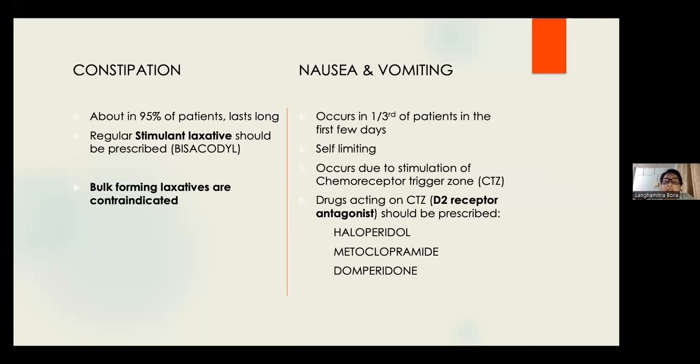If the nausea and vomiting is too much of a problem for the patient, we must give drugs that act on the CTZ, basically the D2 receptor antagonists. Haloperidol is the strongest D2 receptor antagonist, followed by metoclopramide and domperidone.